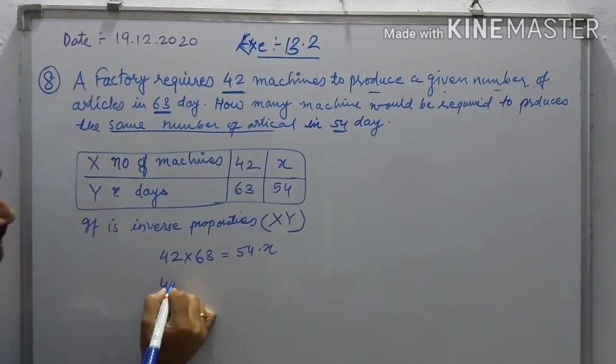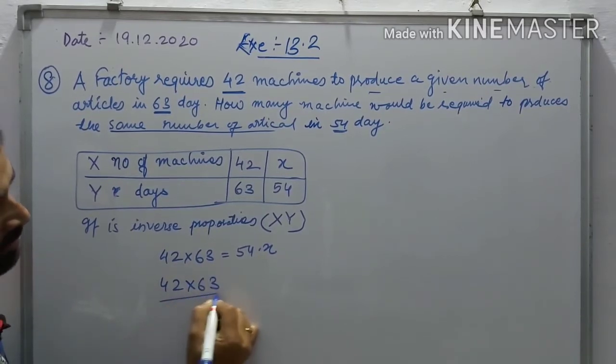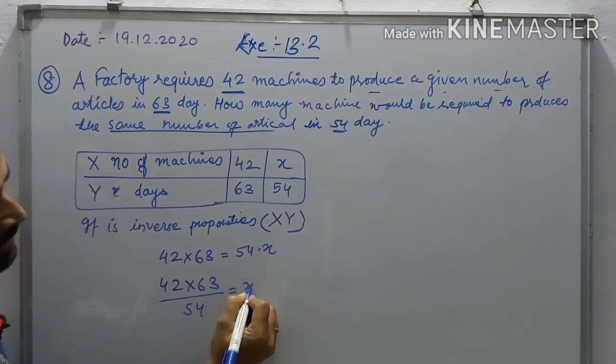Okay, now 42 into 63 upon 54 is equal to x.